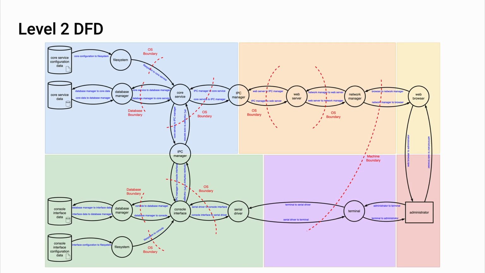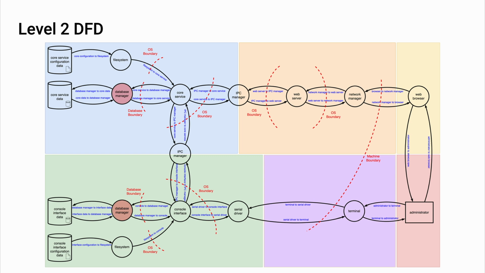To do so, we need to create another DFD that adds in the entities that have been left out. In this case, we can see that we're interfacing to the file system. So we're going to add the file system process, both for the core services configuration data as well as the console interface configuration data. Similarly, the core services data and the console interface data are both databases.